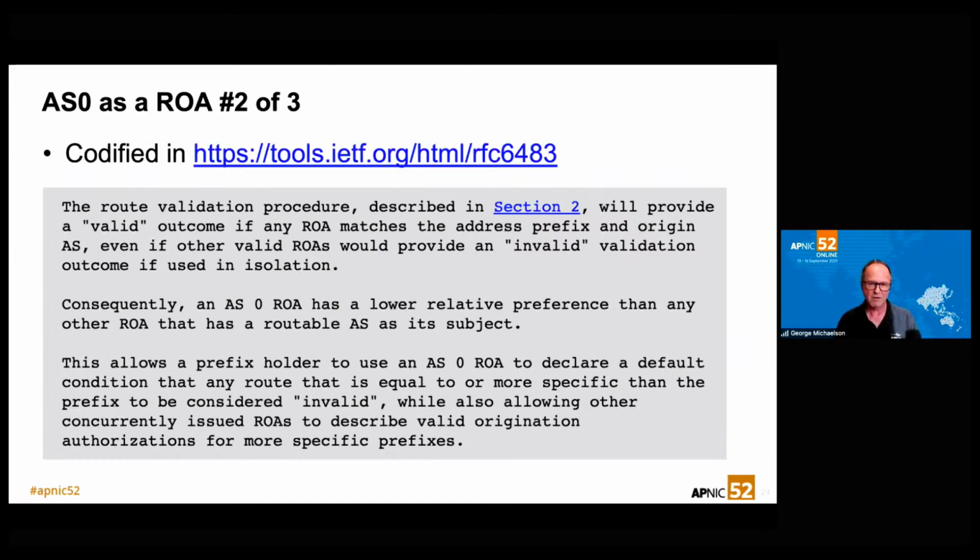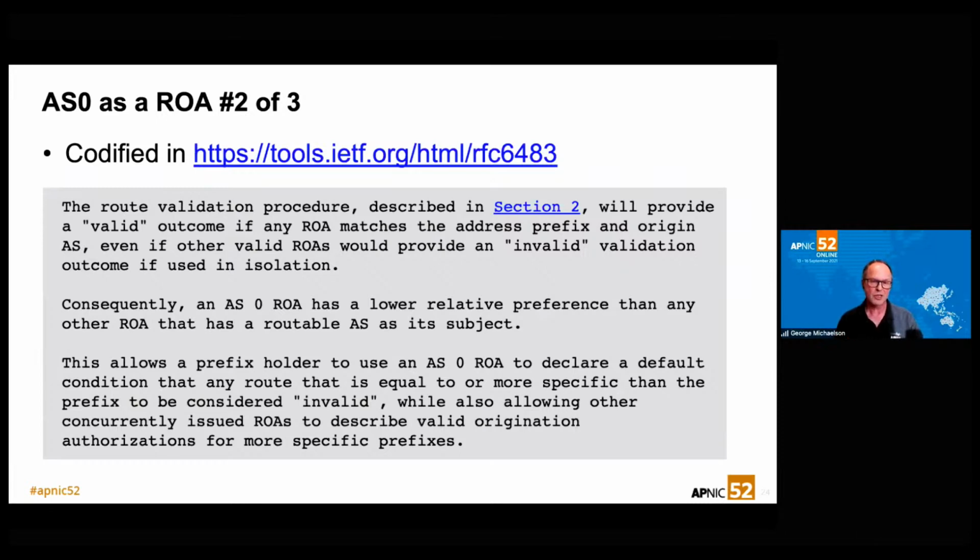An AS0 ROA by itself stops a prefix being valid under route origin validation. But an AS0 ROA is not an absolute statement. If there is any other ROA that refers to the prefix, that other ROA takes higher priority.